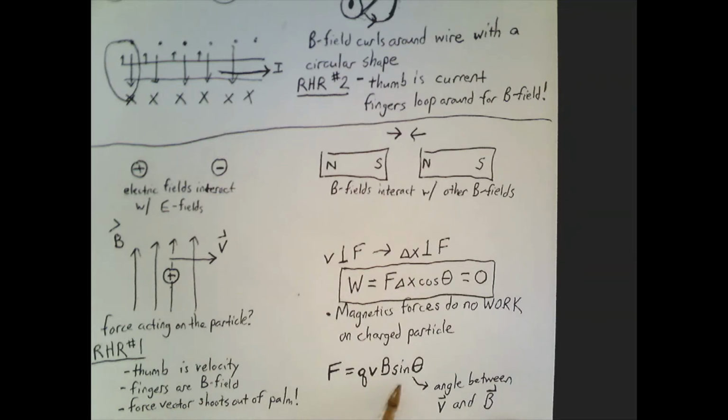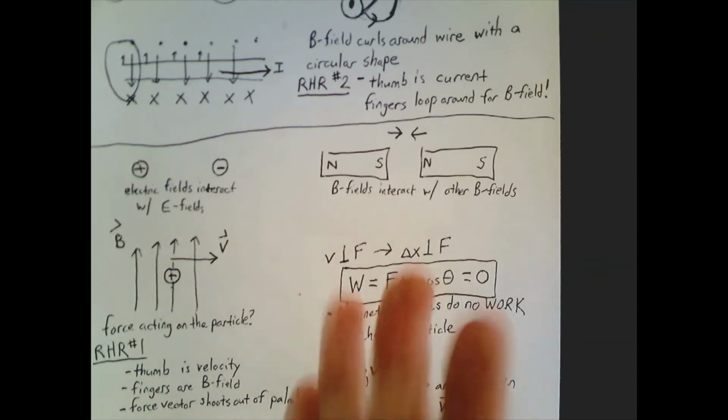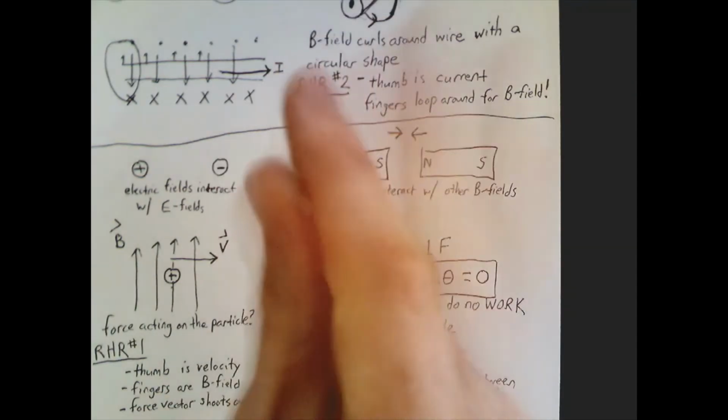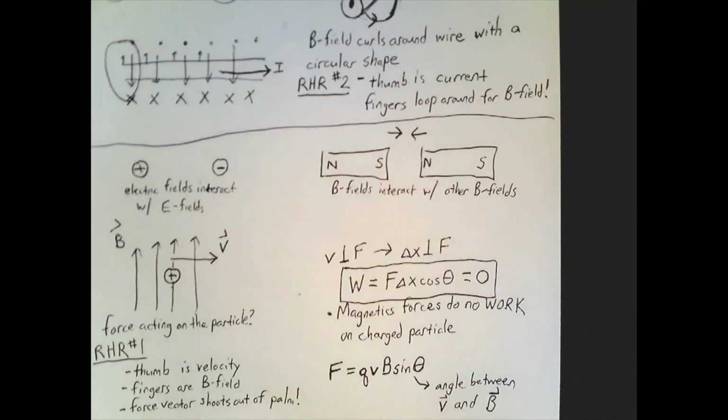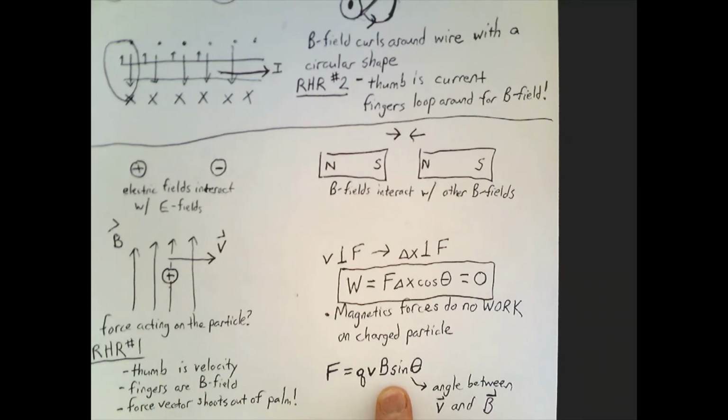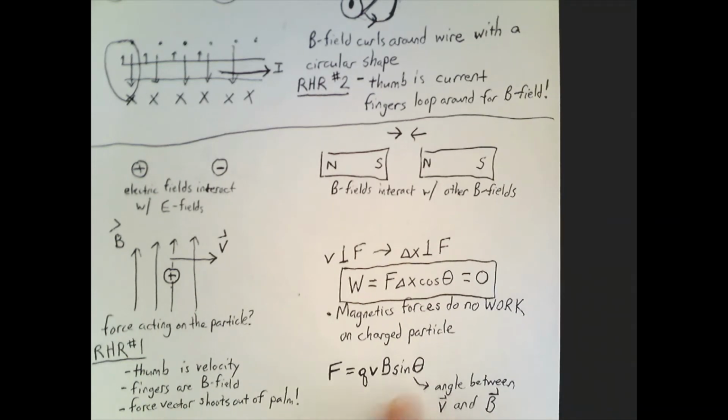If it's anything in between, then it'll be weaker. And if they're completely parallel, if I tilt this velocity vector to go up with the B field, and I try to do my thumb and my fingers, they all close up on each other and you don't get any meaningful force out of that. So if V and B are parallel, then sine theta is 0 and the force exerted will be 0.